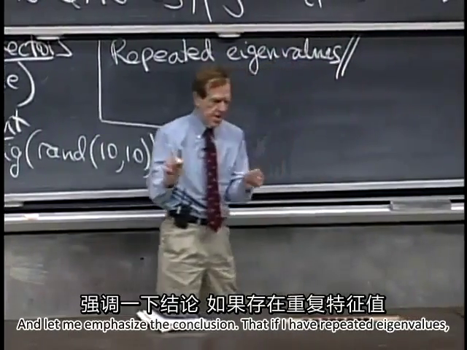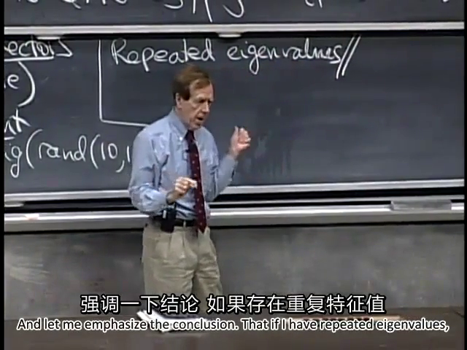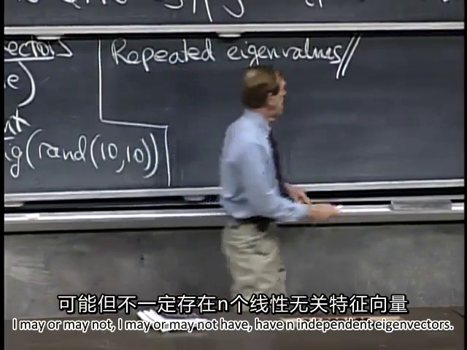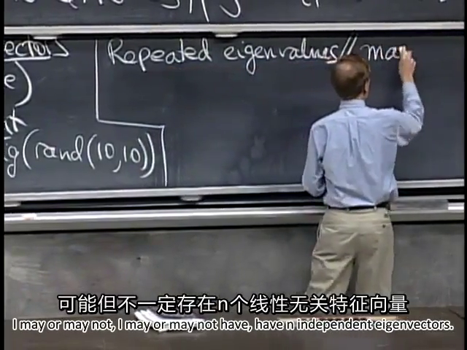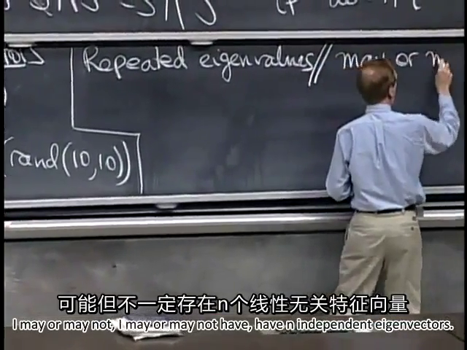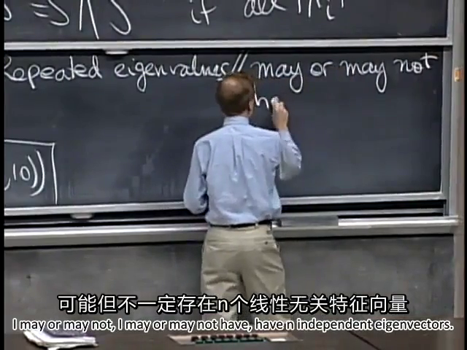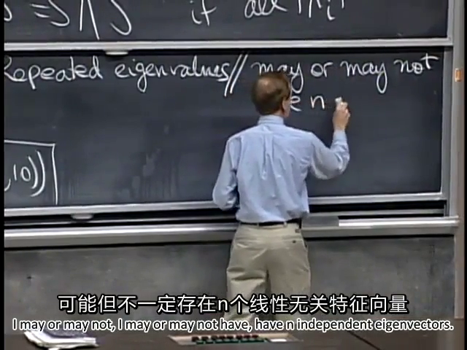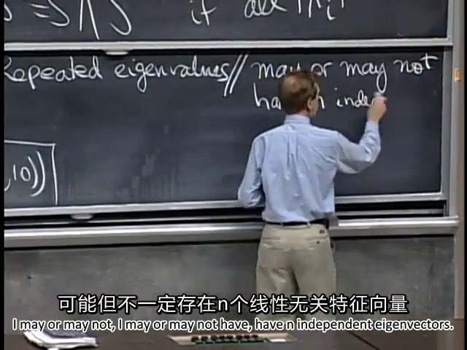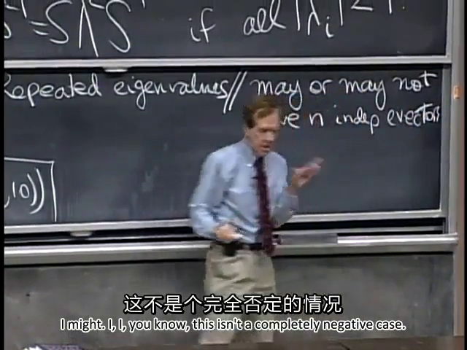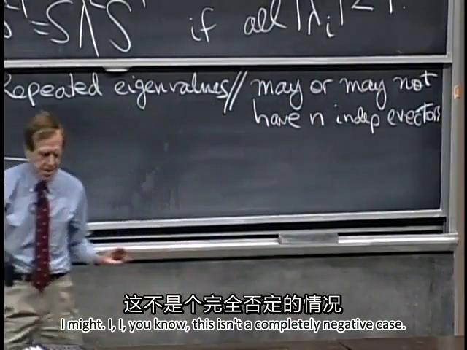And let me emphasize the conclusion, that if I have repeated eigenvalues, I may or may not have n independent eigenvectors. I might. This isn't a completely negative case.